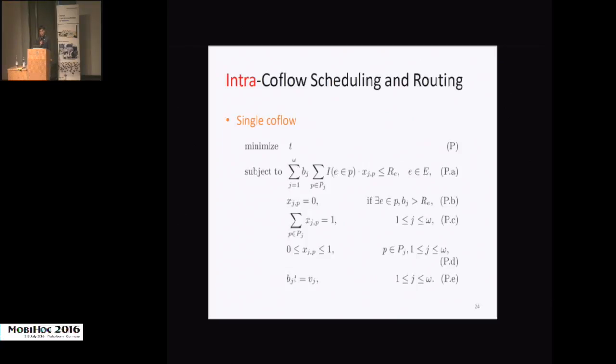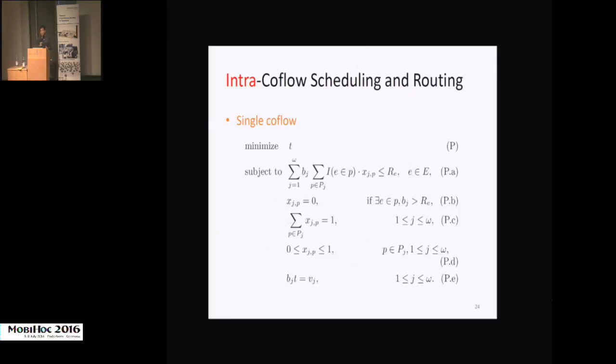When there is only one Coflow monopolizing the network, remember, our objective is to minimize the Coflow completion time. This problem can be formulated by mathematical programming, which is actually a mixed integer non-convex program. So we focus on designing an approximation algorithm to tackle this problem.